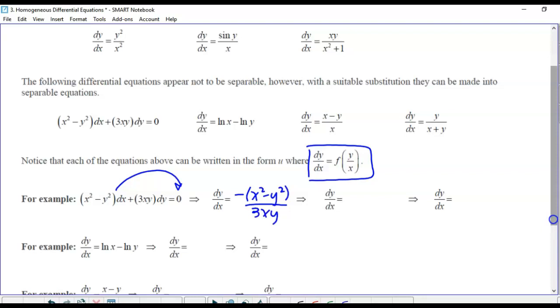Factor in the negative 1, so that's really y squared minus x squared over 3xy. Then we can look at multiplying top and bottom by 1 over x squared. That's what you're often going to have to do.